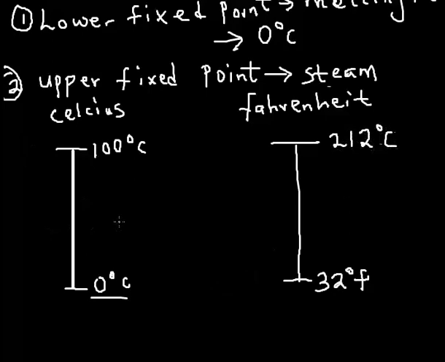Now, one good thing about temperature scales is that they can be converted. You can convert from one scale to another, or from one thermometric property to another. You can convert a temperature scale of Celsius to a thermometric property, let's say length or even resistance. So they are all interconvertible.